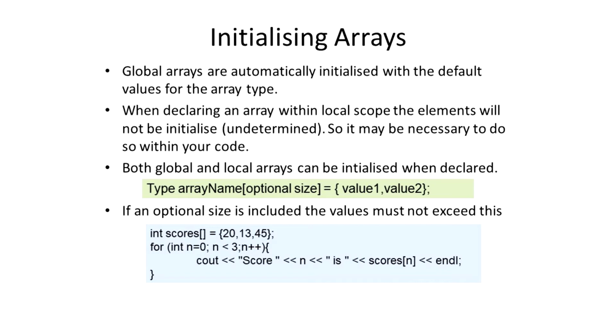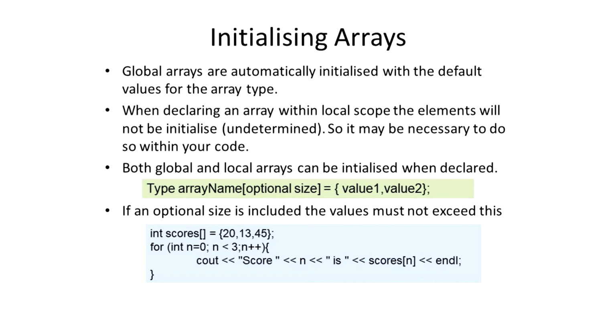But if you were to declare an array in a local setting, perhaps within a particular function, then this wouldn't happen automatically. But regardless of whether the array is declared to be global or local, there is actually a convenient way to initialize default values for arrays in both settings.